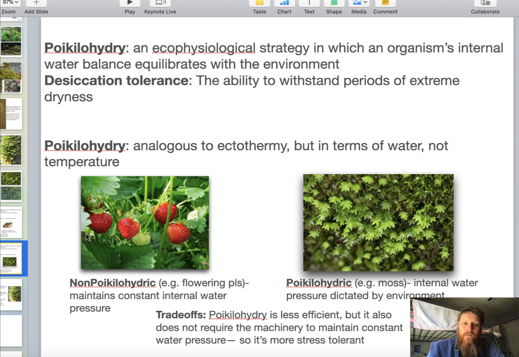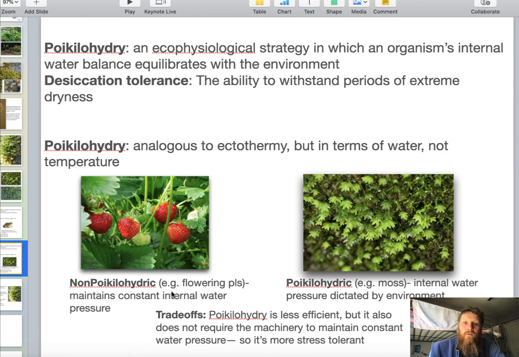So in a vascular plant, if the environment dries out, then the vascular plant has to expend a lot of energy, a lot of resources in maintaining its internal water balance. And so if we look at the adaptations of plants in a place like Southern California, where it's really dry, most of those adaptations are dealing with the problem of how do you maintain internal water balance when it's really dry outside.